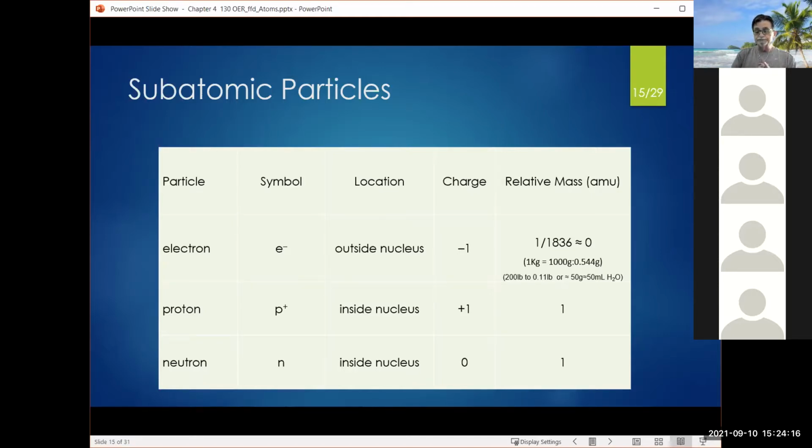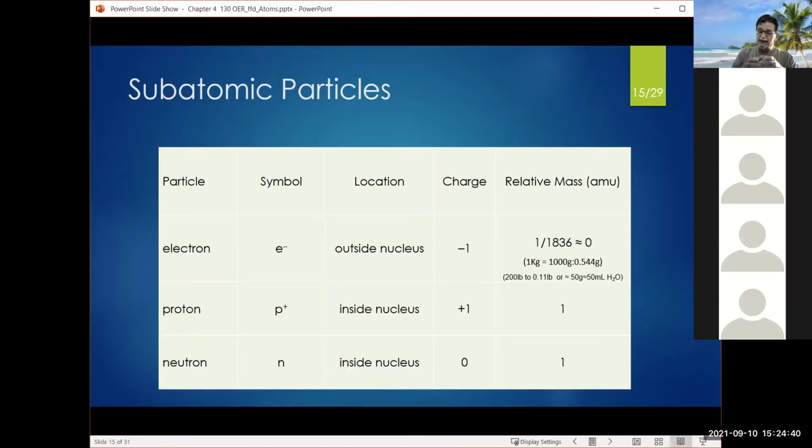If the proton weighed 2,000 pounds, the electron is roughly about 1/10 of a pound. That's the weight difference between the proton and the electrons. So essentially, we give it a relative mass of 0, okay? Keeping in mind that, yes, it does have some mass, but it's very small.